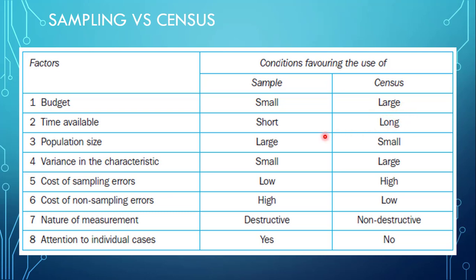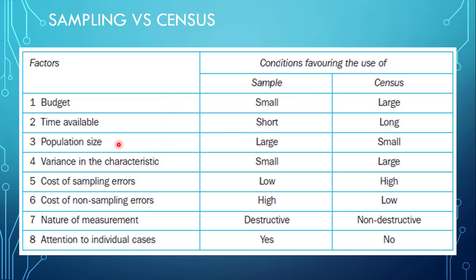But assume you want to take samples and you took, let's say, 500 or let's say 1000 customers as a sample. So when you collect data from 1000 customers, then you are going to assign a smaller budget and you need a shorter period of time. So this is the difference between the two, when you take a sample and when you include the whole population in your study. So these are the two factors.